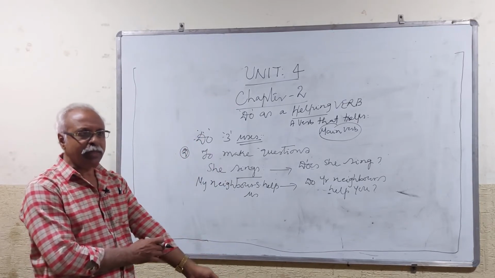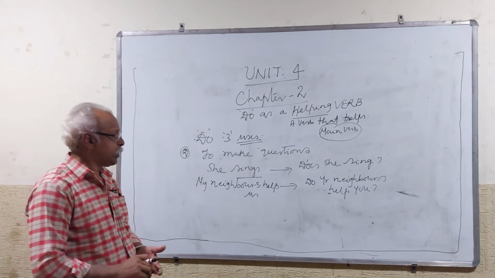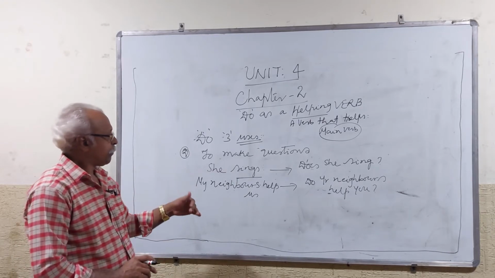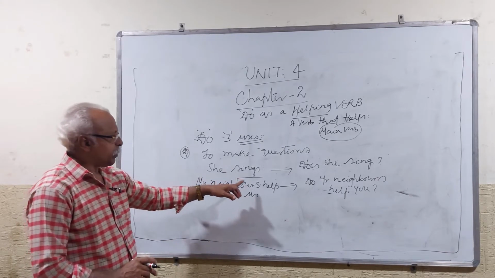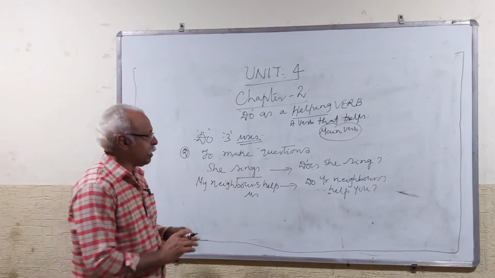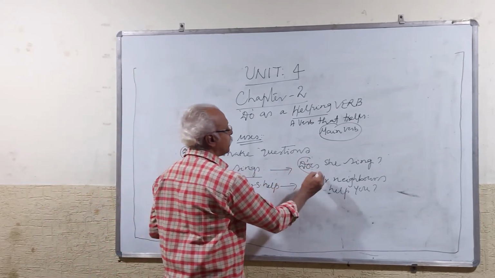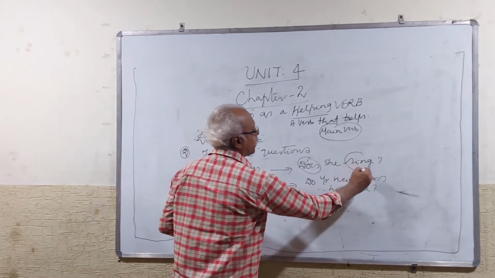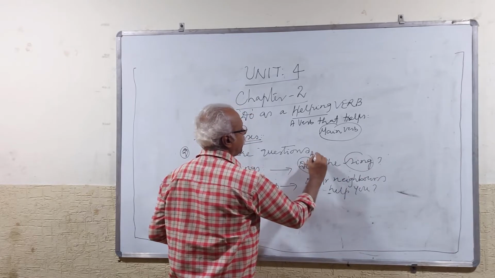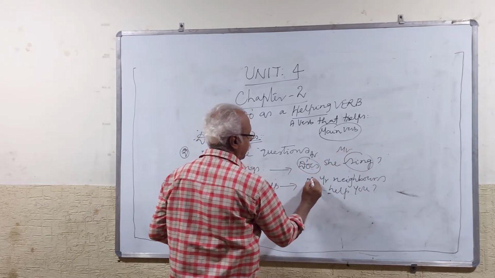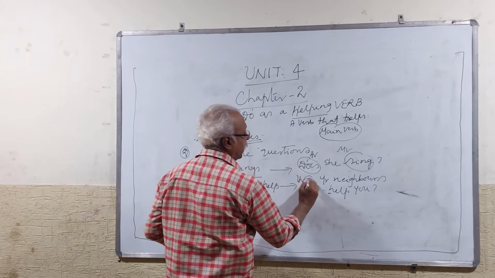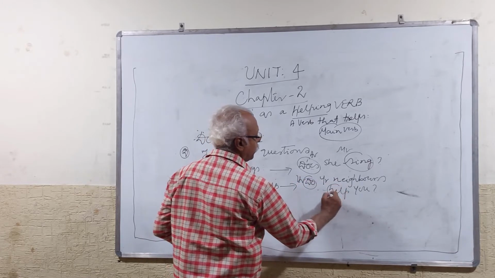We say do, but any one of the forms we can use: do, does, or did. She sings becomes, does she sing? What's the verb here? Does. It's the helping verb and sing is the main verb. Again, helping verb and main verb.